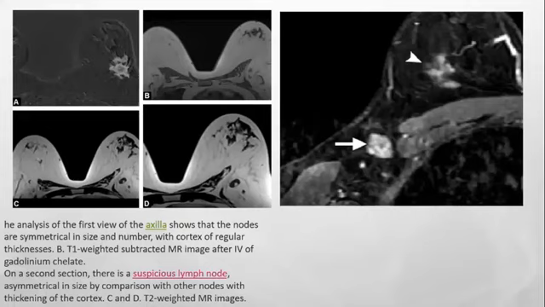MRI is even more sensitive and specific than ultrasound in evaluating malignant axillary lymph nodes, differentiating from benign, even with an early low level of suspicion.